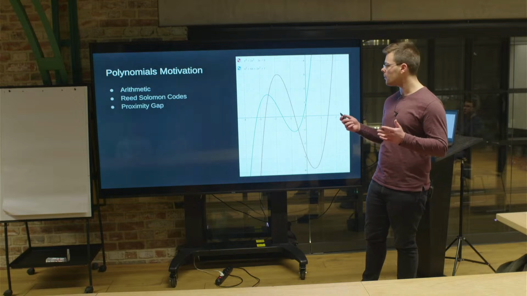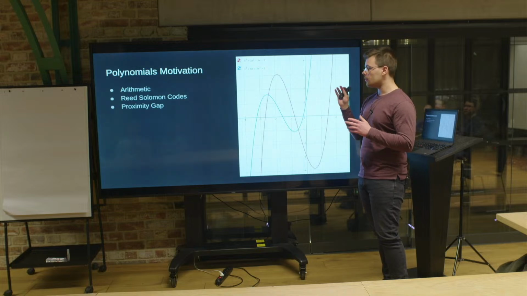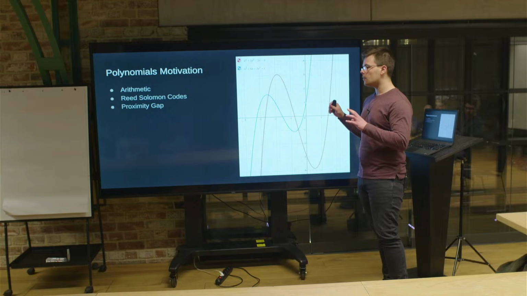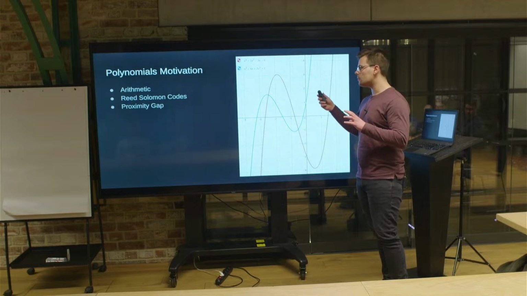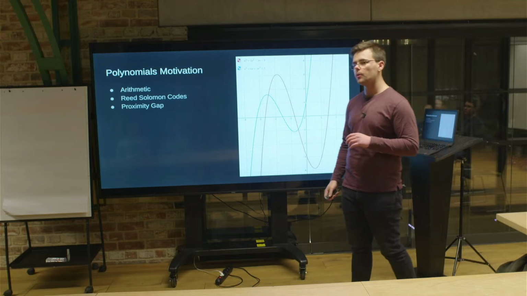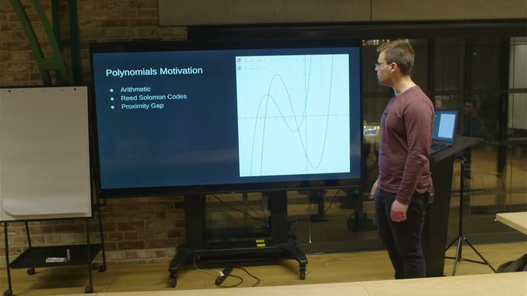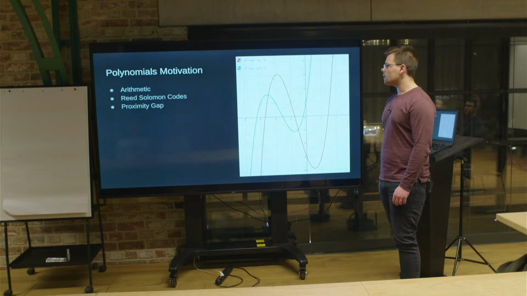The probability for a malicious prover to pass this sort of test is going to be negligible, totally out of scope. So that's the proximity gap.